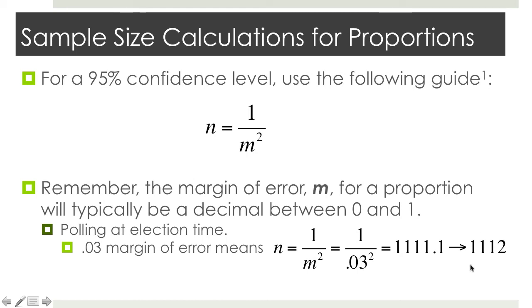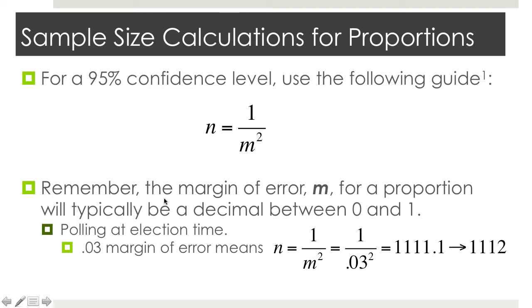So about 1,000 people had to be randomly selected to take that poll in order to construct a 95% confidence interval with this margin of error, 0.03. It's very rare that they will report a 95% confidence interval as the one they're actually using. You don't usually see that. However, that's pretty standard from what I understand. And so when you see polls, this is probably what they're reporting.